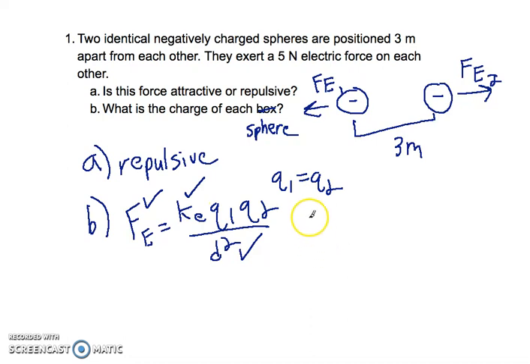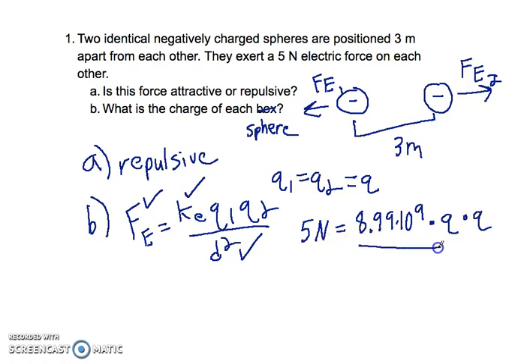So let's start plugging in. We know the electrical force is 5 newtons. We know the K is 8.99 times 10 to the 9th. I'm not going to write out the units. And we know Q1 and Q2 are the same in this case, so we're just going to call that Q for now. So Q times Q for the charge. And then the distance between them is going to be 3 squared.